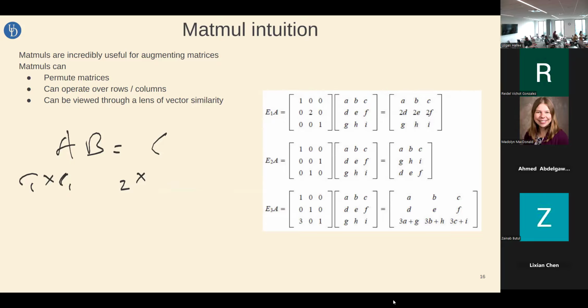It's just that column 1 and row 2 must be equal. So basically, what I'm trying to say is for the ith row of A and the jth column of B, that will show up in the ith, jth position of C, and it is a dot product. So it's actually saying how similar in a way the rows of this matrix are to the columns of this one, which is an important intuition for trying to prescribe some meaning on how the black boxes work.